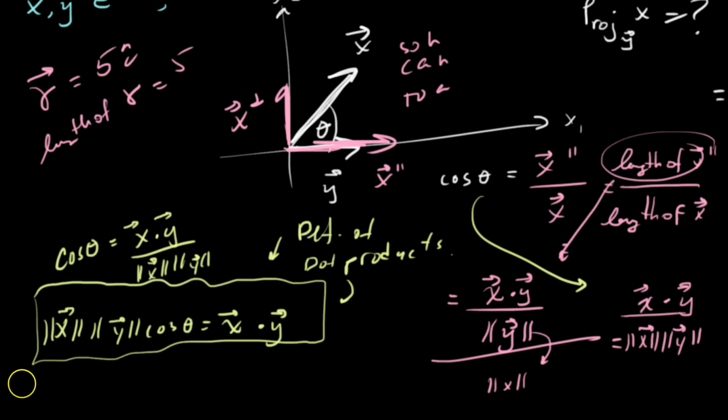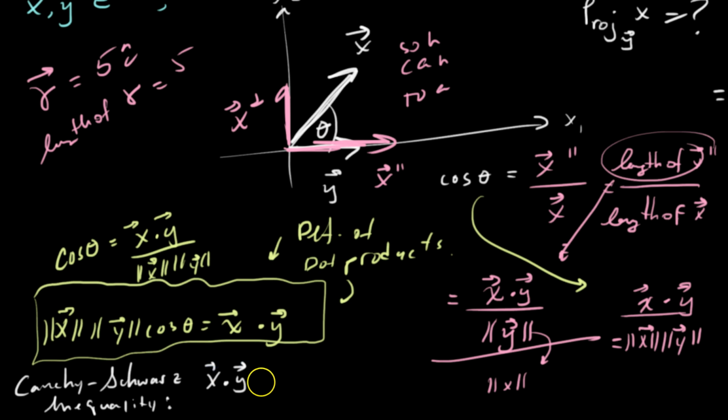And from this, we get a very important inequality called the Cauchy-Schwarz inequality. It states that x dot y over the magnitude of x times the magnitude of y has to be less than or equal to 1.